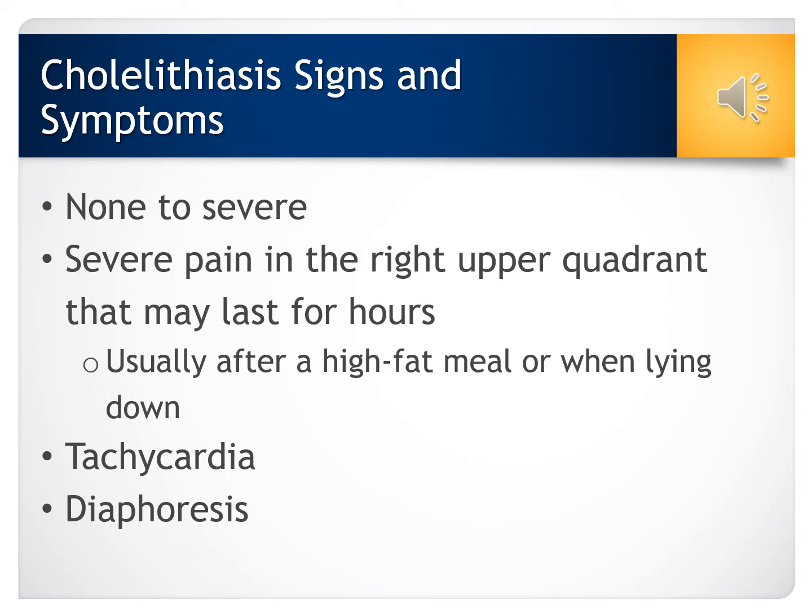When the patient does experience pain, usually the pain is severe and it's in the right upper quadrant and may last for several hours. The attacks of pain frequently occur 3 to 6 hours after eating a high-fat meal or when the patient lies down. The patient may also experience tachycardia and diaphoresis.